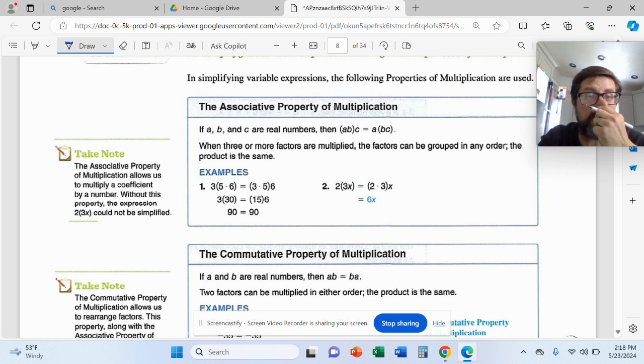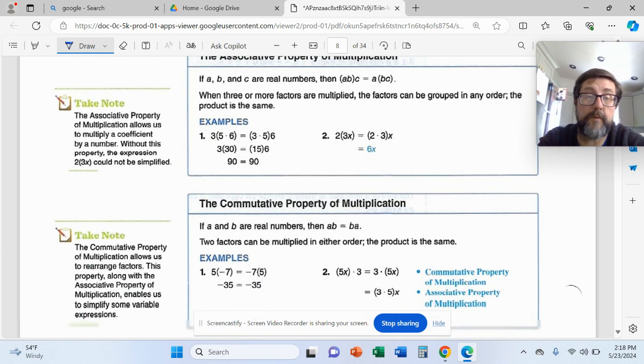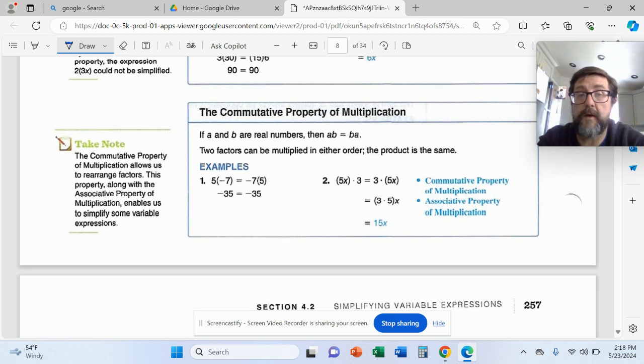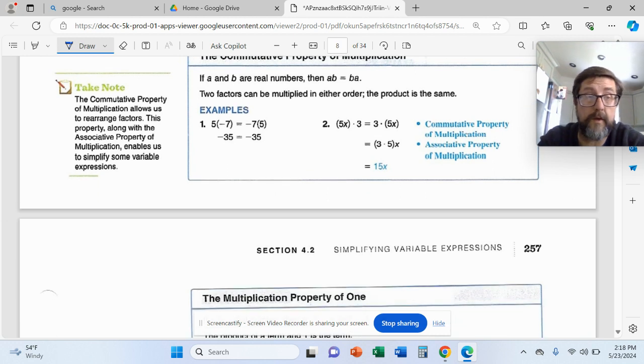But the associative, if you take 3 times 5 times 6 equals 3 times 5 times 6. So if you go 3 times 30, it equals 90. If you do 15 times 6, it equals 90. So multiplying numbers. Don't try this with division, though, or subtraction, unless you're adding, which you could be adding a negative.